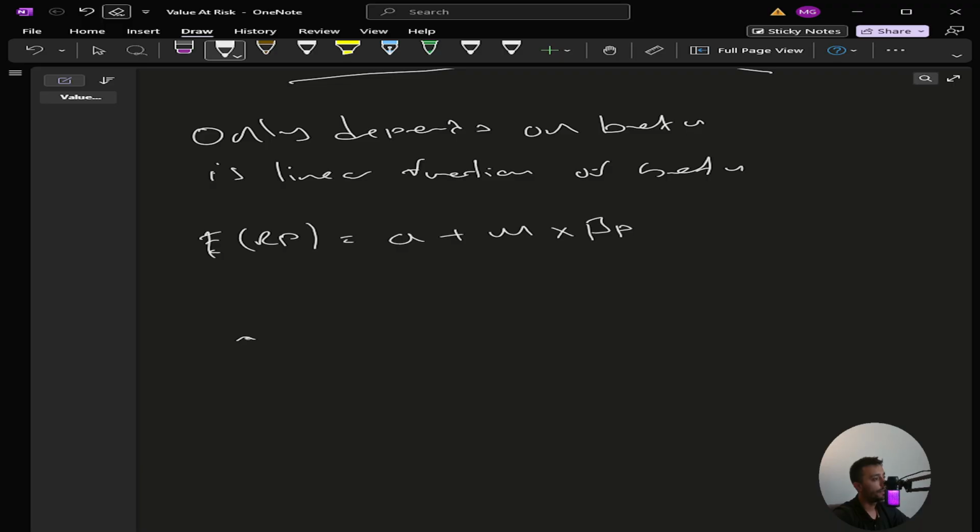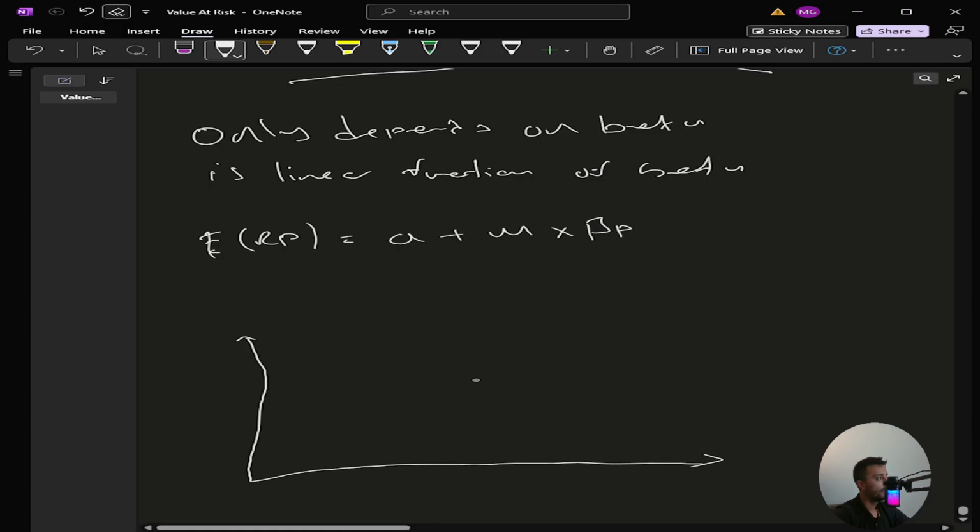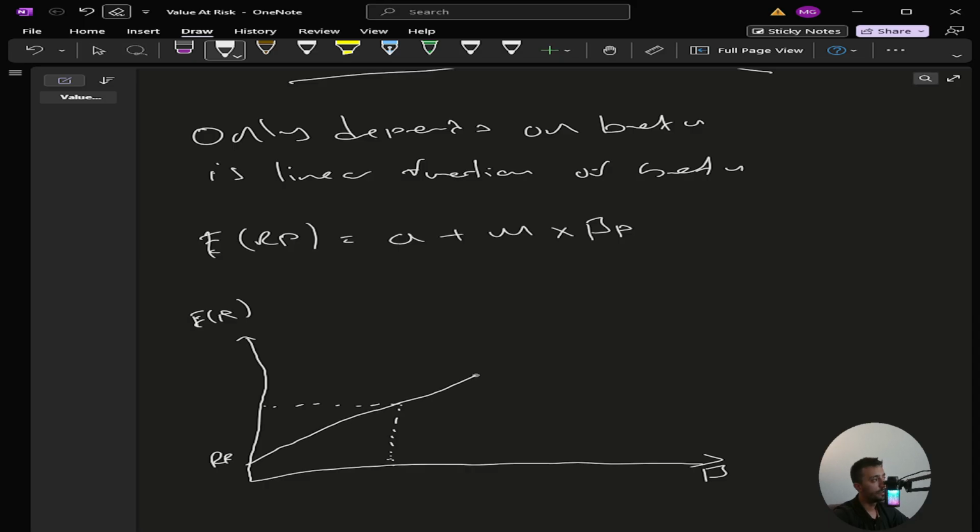And we have a graphic here, with beta, expected return, and risk-free rate, the security market line about CAPM calculation.